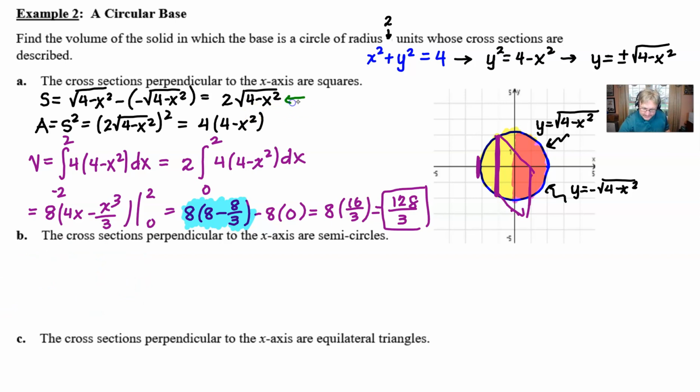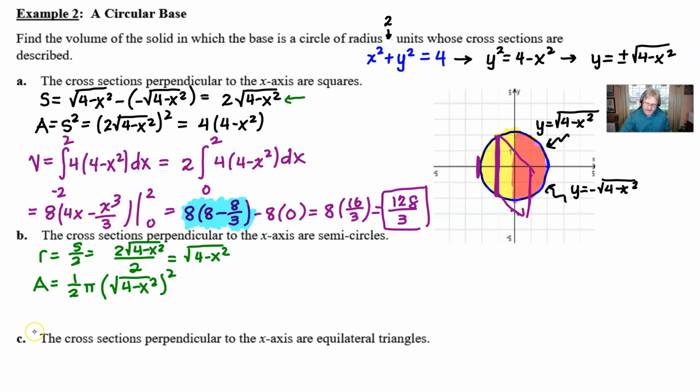This happens to be the length of S. So we would say that the radius is our side divided by 2, which in this case is 2 square root of 4 minus x squared over 2. And then the 2's just cancel, right? And so that's the radius. Therefore, the area is 1/2 pi times all of this square root squared.